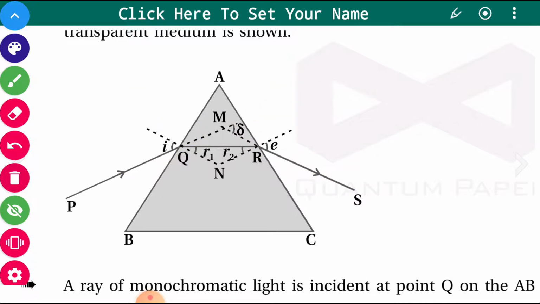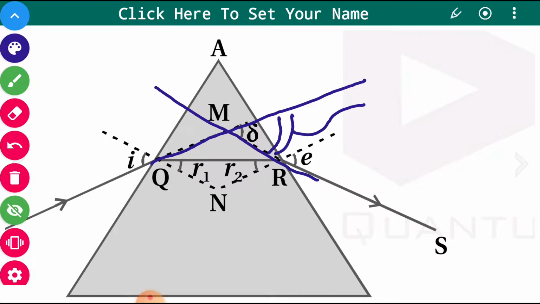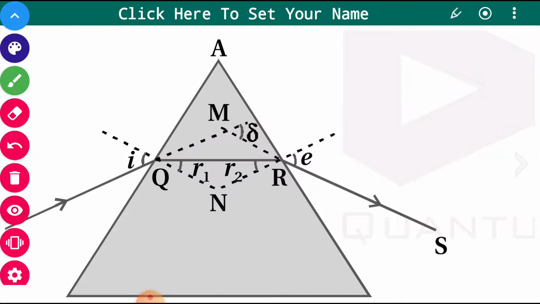This angle between the incident ray and the emergent ray is the angle of deviation, which is denoted by delta. So this is all about the figure.